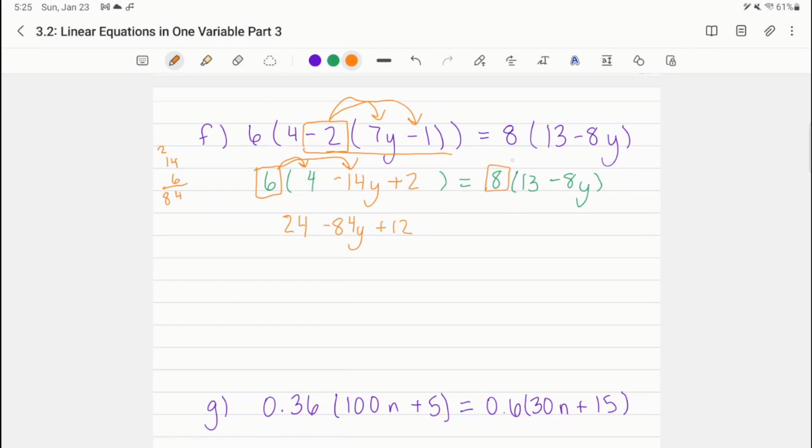And then I can distribute the 8 here as well. So 8 times 13. So again, I can't do that in my head. So I'll do that off to the side here. 8 times 3 is 24. Carry the 2. 8 times 1 plus 2 is 10. So we get 104. And then 8 times negative 8y is negative 64y.